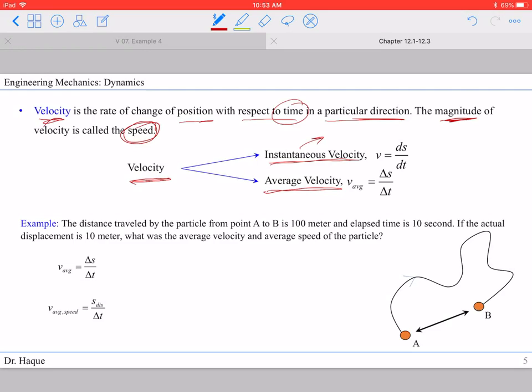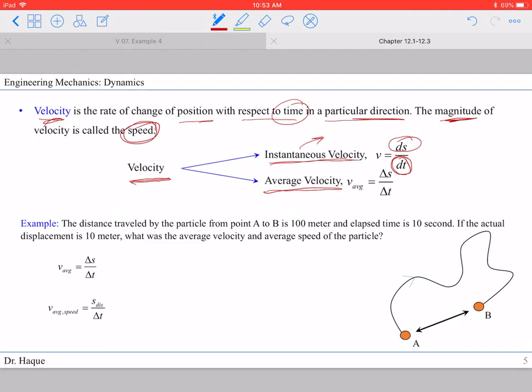So ds, the instantaneous velocity, is the small change in distance divided by the change that happened during that small amount of time, dt.